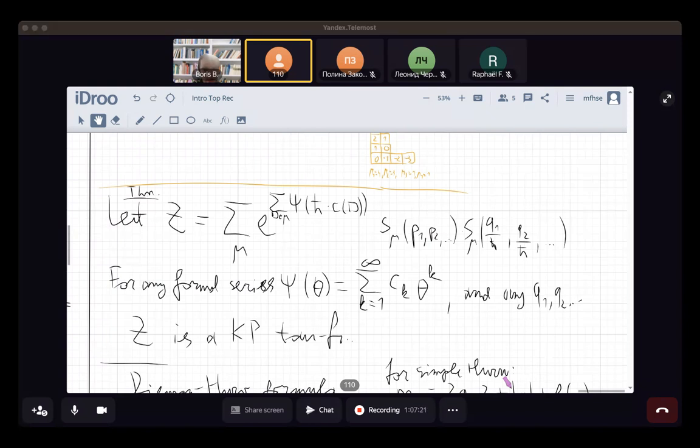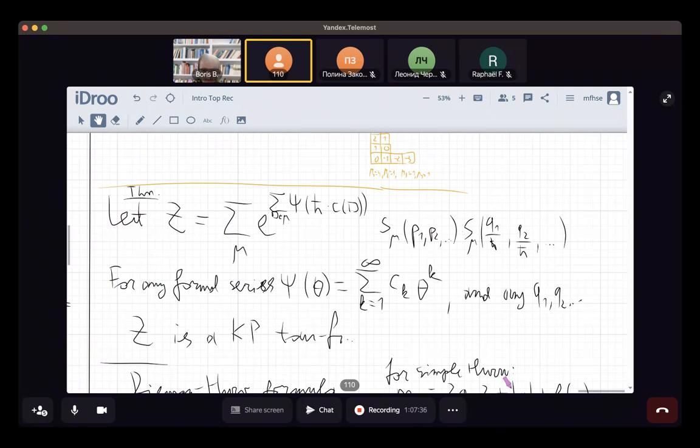And if, for instance, psi is equal to the logarithm of 1 plus theta, something like that, you will get the monotone Hurwitz numbers.